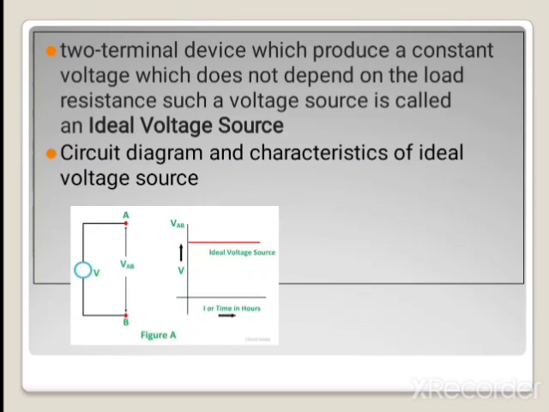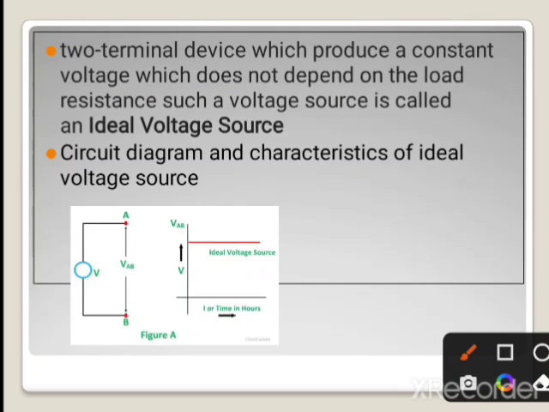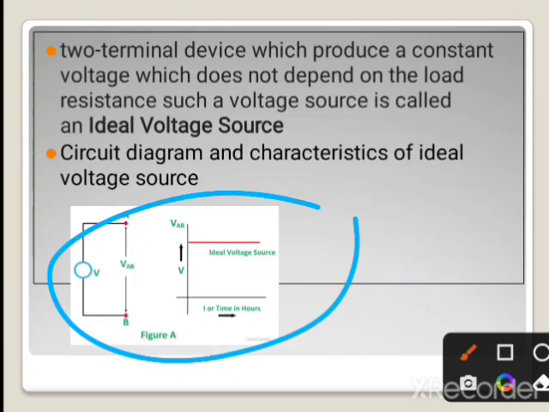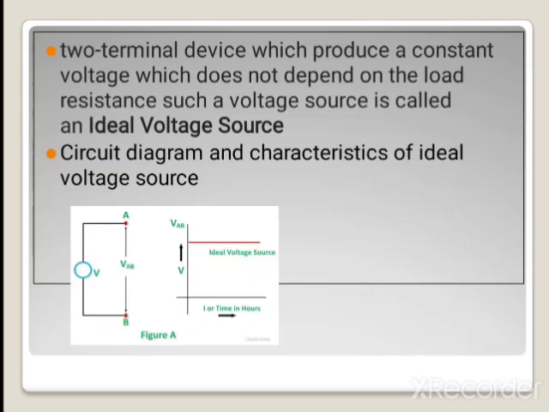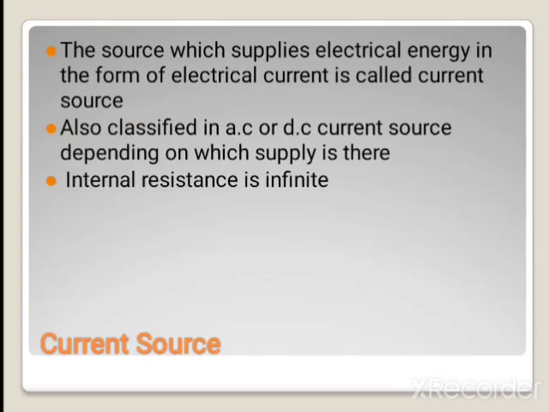Then the third point is the symbolic representation. And the fourth point is the characteristics of voltage and current source. So these are the four differentiating points for that question.